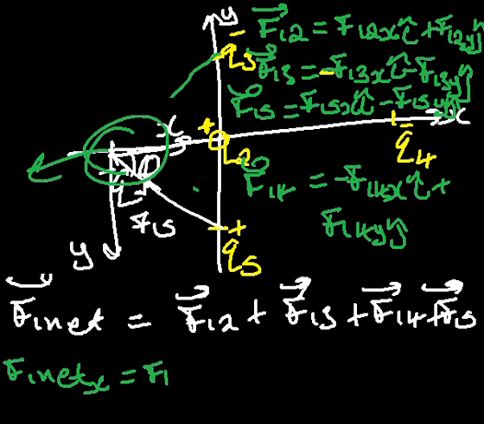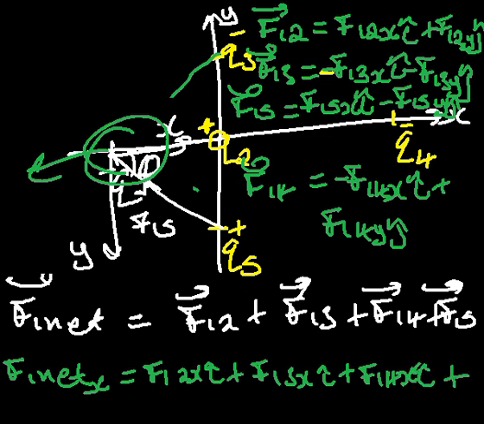So we have F12x i plus F13x i plus F14x i plus, of course, we should also have F15x. We already did that one. So sum up these components as the x components.